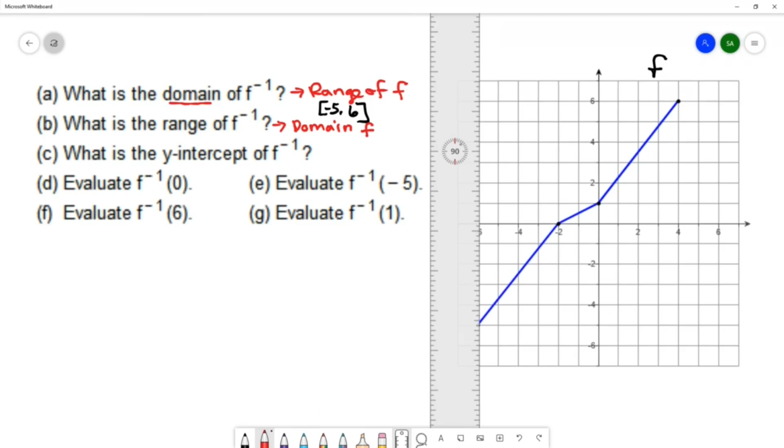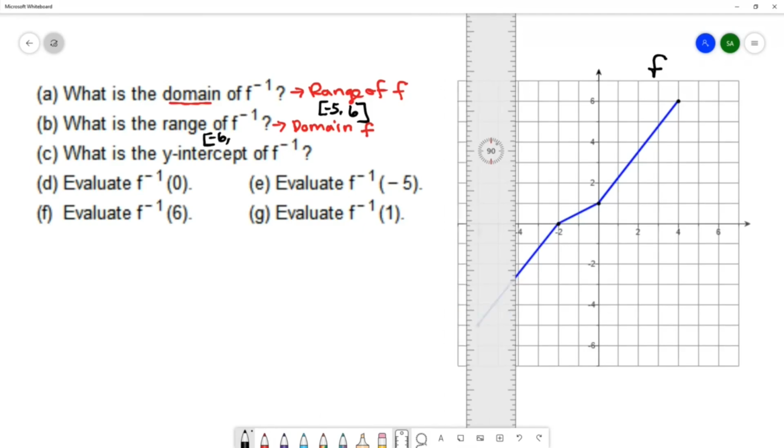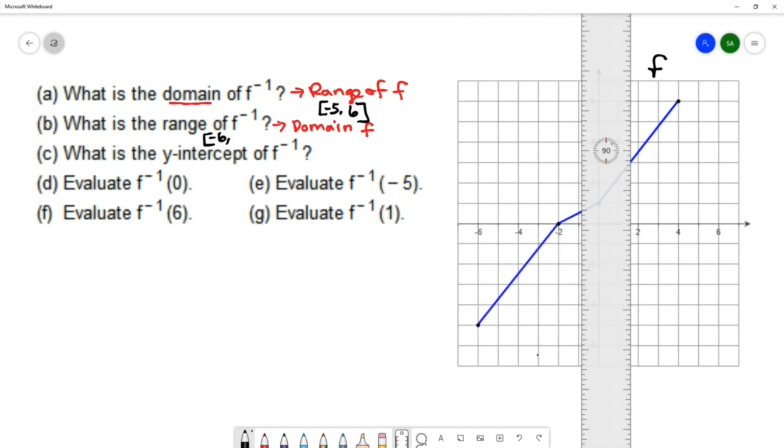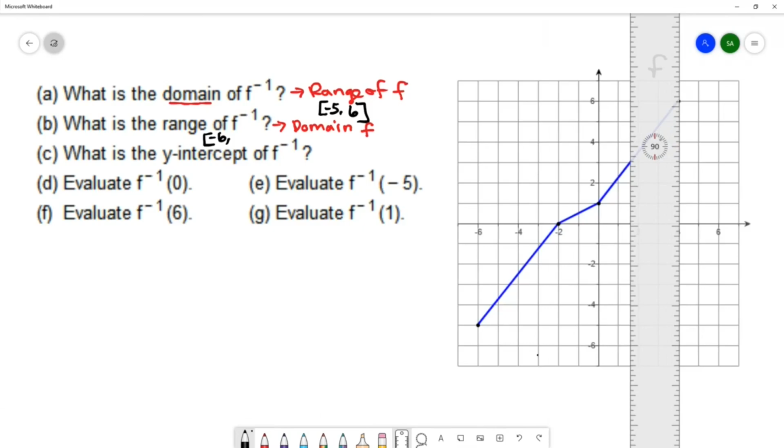So that starts at -6. So my domain of f starts at -6 and continues all the way until 4. So we have a domain of f being from -6 to 4, which is the same thing as the range of f inverse.